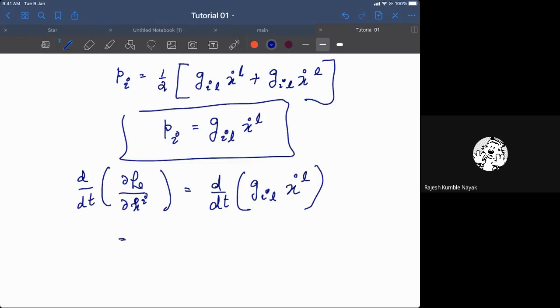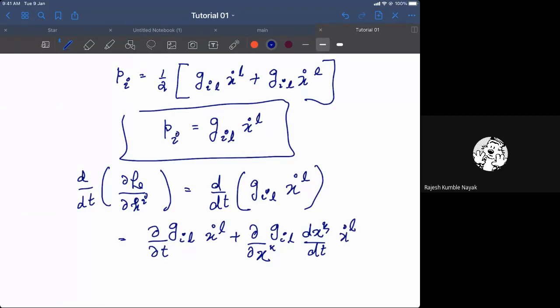So we can write it as d by dt of g_il x dot l plus dx^k g_il by dt, both multiplied with x dot l, plus g_il x double dot l. I'm just using the chain rule and the property of exact differentiation.